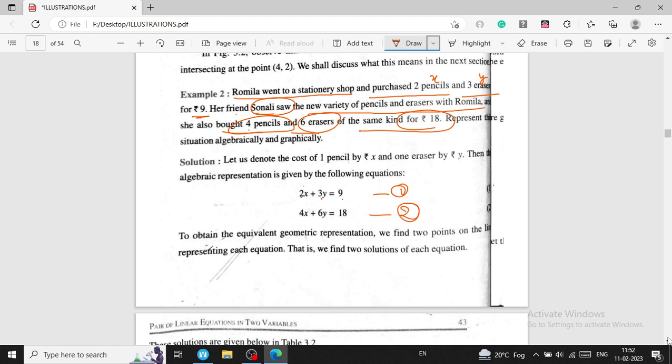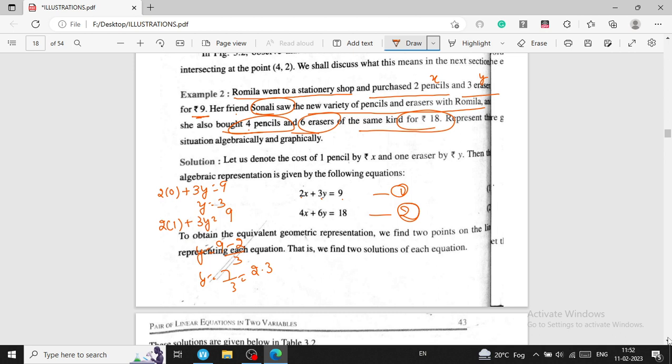Now when we take x as 0, then y is equal to 3. When we put 1, then 3y is equal to 9 minus 2, and y is equal to 7 by 3. 3 2s are 6, 3 3s are 9.